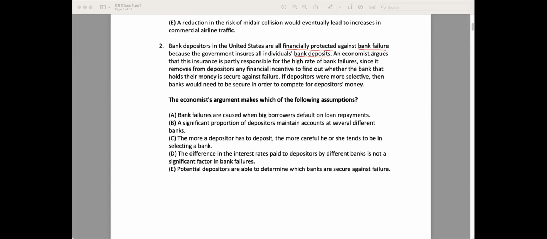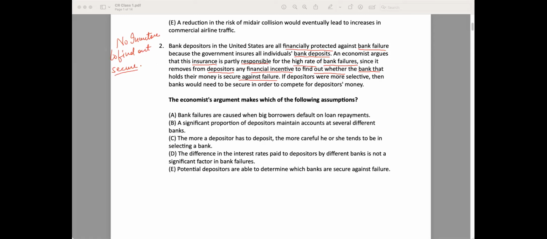An economist argues that this insurance is partly responsible for the high rates of bank failures since it removes from depositors any financial incentive to find out whether the bank that holds their money is secure against failure. So there is no incentive to find out whether banks are secure against failure or not. There's no incentive to figure that out.